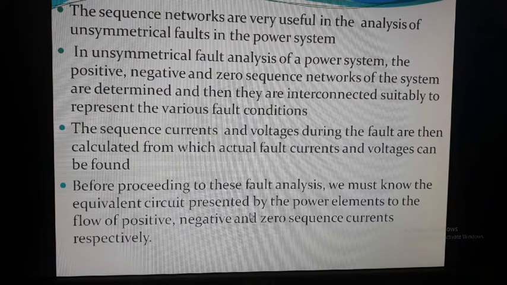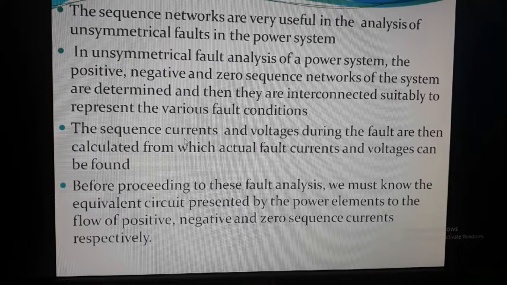Why do we need the sequence networks? The sequence networks are very useful in the analysis of unsymmetrical faults in the power system. In unsymmetrical fault analysis, the positive, negative and zero sequence networks are determined, and after that they are interconnected suitably in order to represent the various fault conditions.